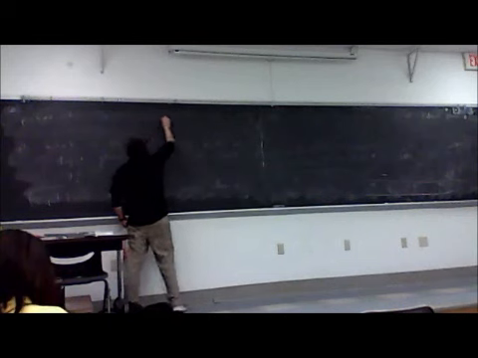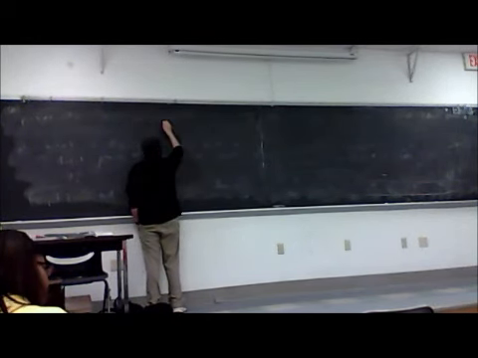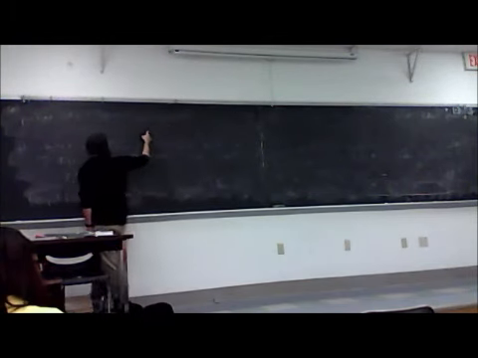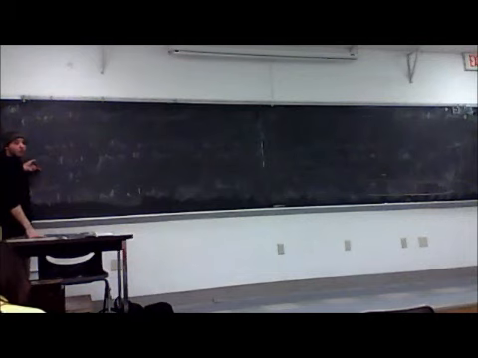I already know how many phone numbers total there are. There's 10 to the 7th. So that's the total number of phone numbers. Now I need to figure out how many of those phone numbers have at least 1 7.